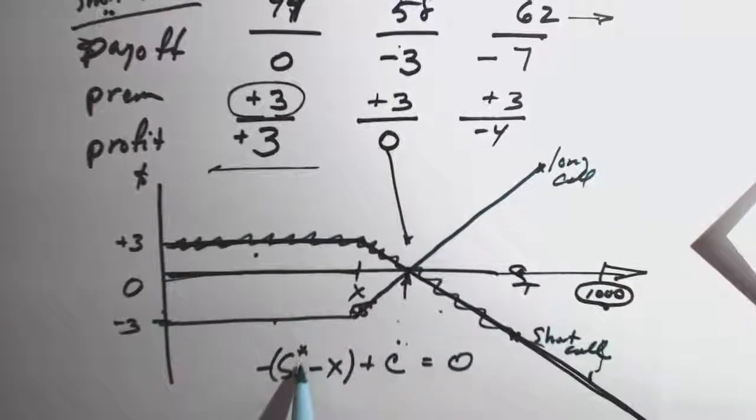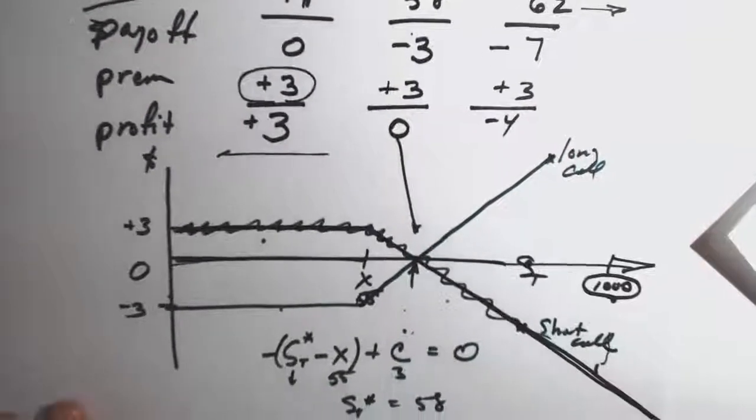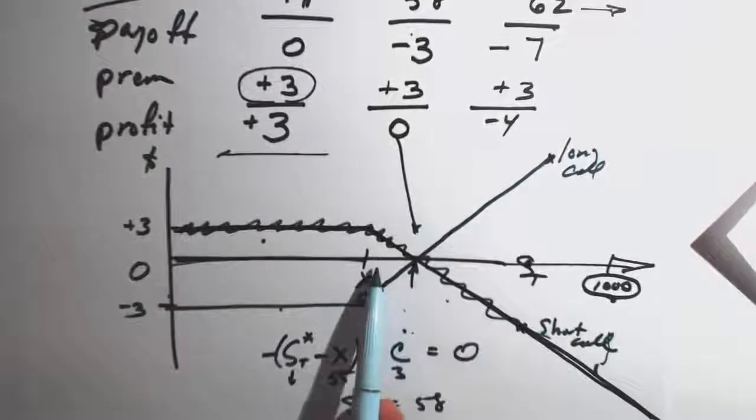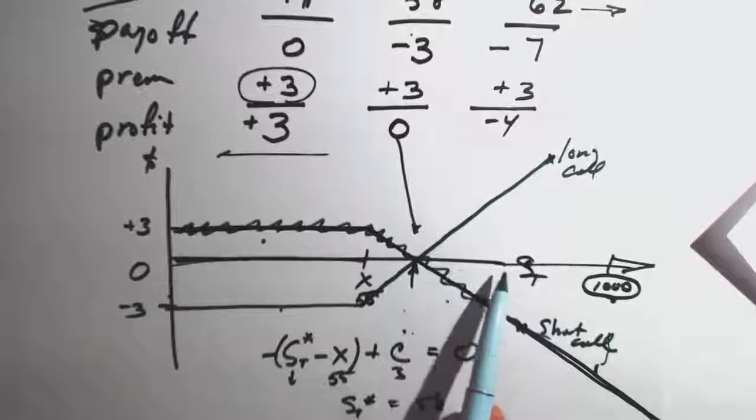So we're asking what stock price is associated with that. Well, if you do the math, you put 55 and 3 here, ST equals 58. And there we have it for the break-even point. So remember, the break-even point has to be above where the strike is in this case.